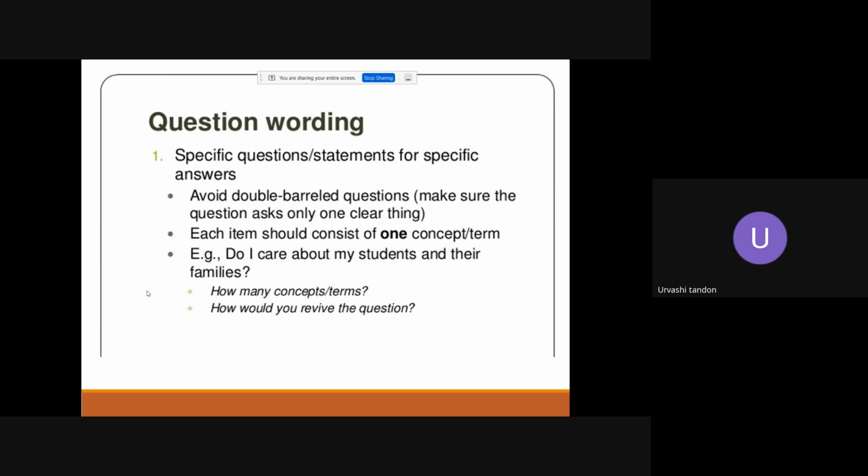Now, again, I was saying avoid double-barreled questions. That means each item should consist of one concept or term. Do I care about my students and their families? Just read this question. There are two concepts. Students is one concept and their family is another concept. So at a time, either I can care about my students or their families, right?